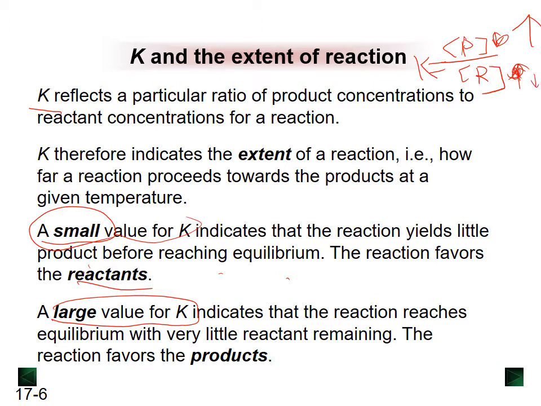That means most reactants have already reacted, with only a small reactant concentration left. So it indicates the reaction reaches equilibrium with very little reactant remaining, and the reaction favors product. It forms a lot of product. So big K, more product, favors product. Small K, small product, more reactants left, so favors reactants.